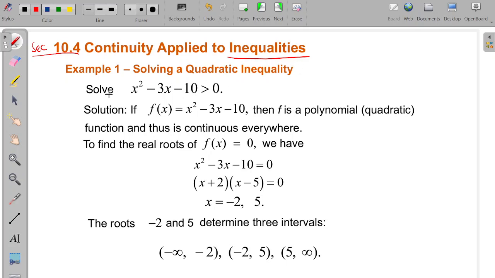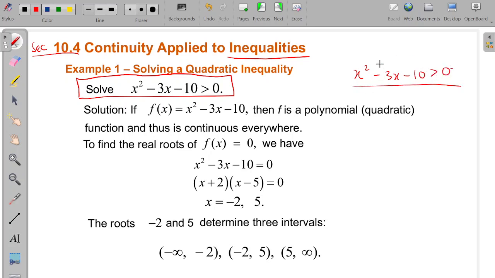Okay, so now we want to solve this quadratic inequality. That means we want to find the interval of its solution. We have x squared minus 3x minus 10 greater or equal to 0.